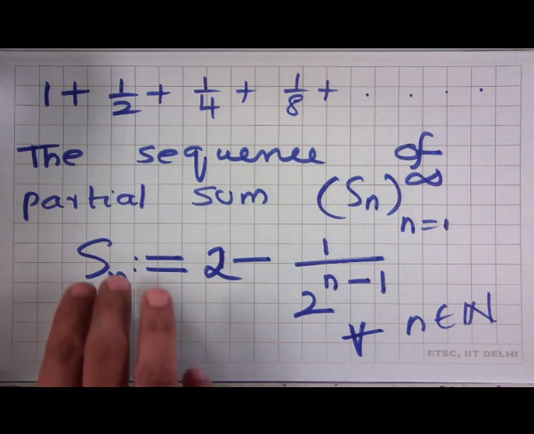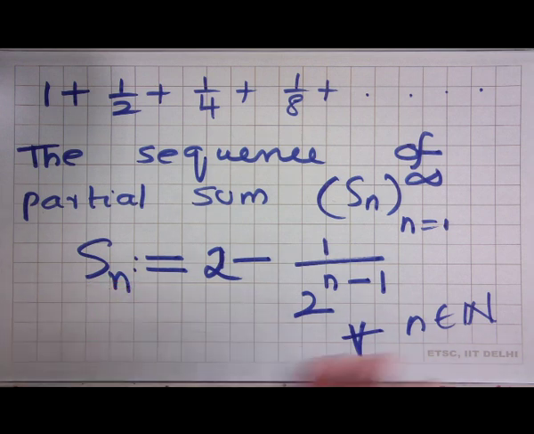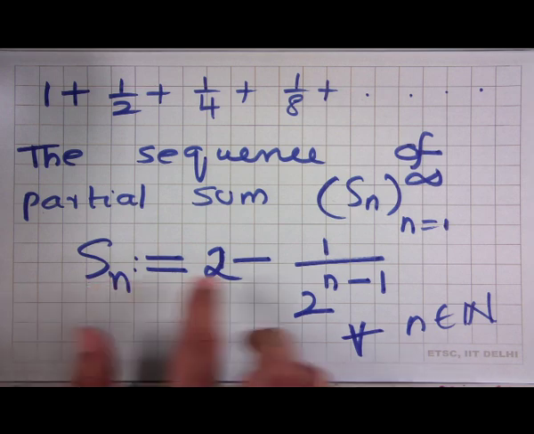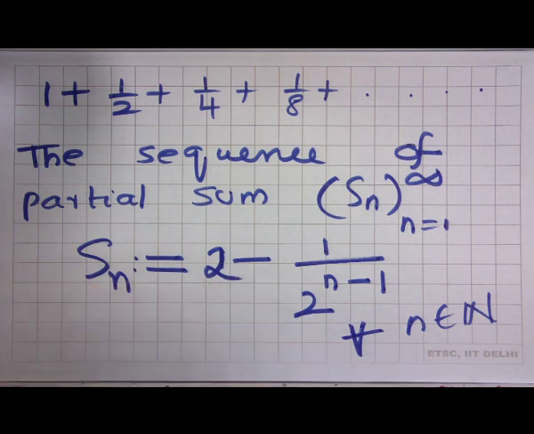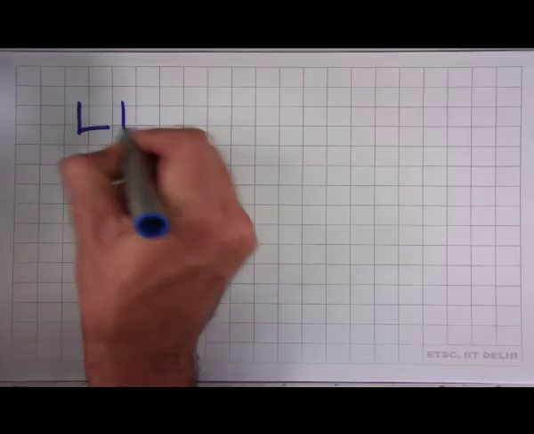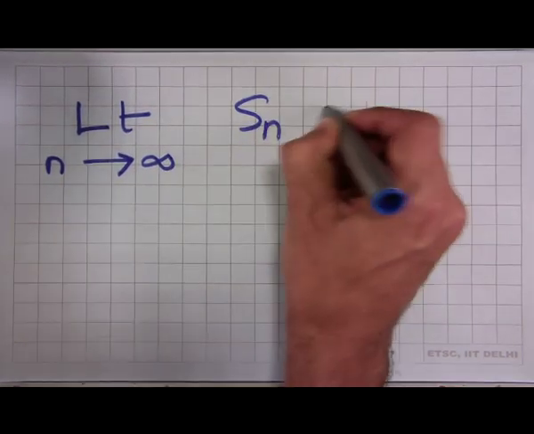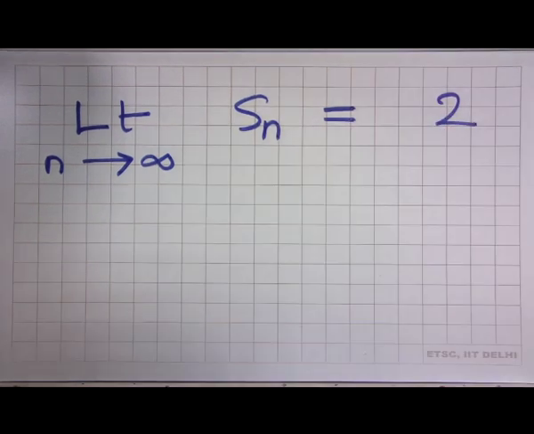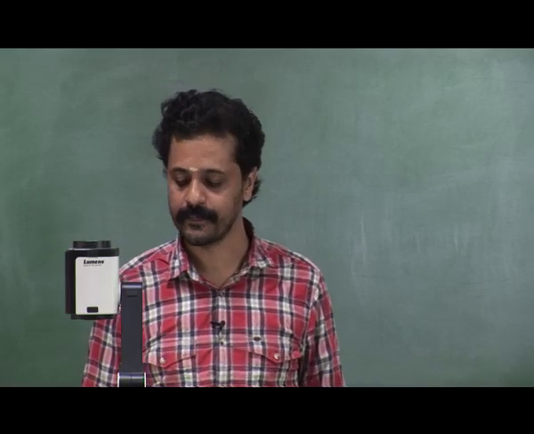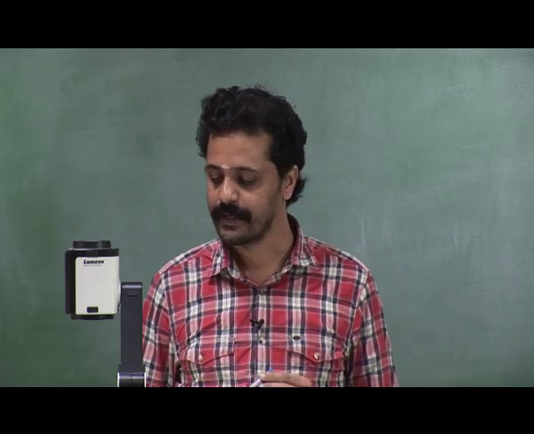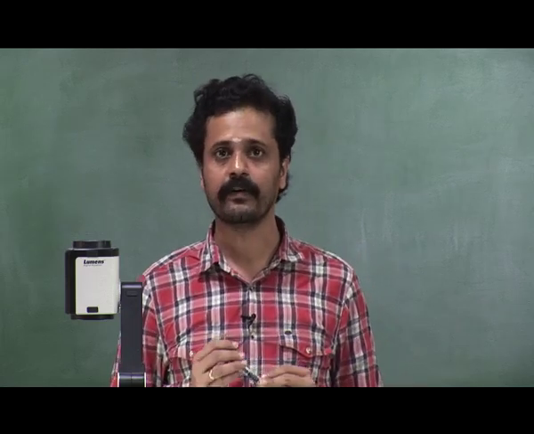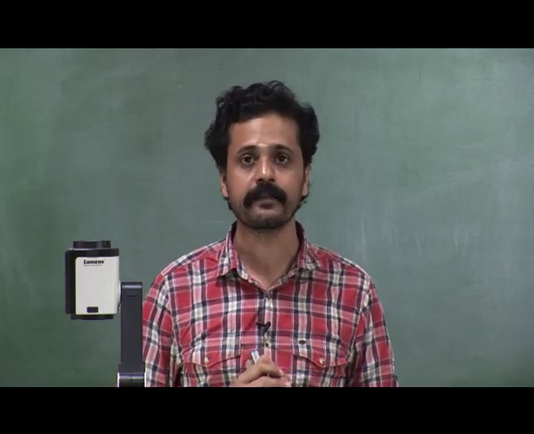So, as n becomes larger and larger, Sn becomes closer and closer to 2, which we write as limit n tending to infinity Sn is equal to 2. Informally, what we have observed is that the sequence of partial sums is convergent and the limit of the sequence of partial sums is 2.